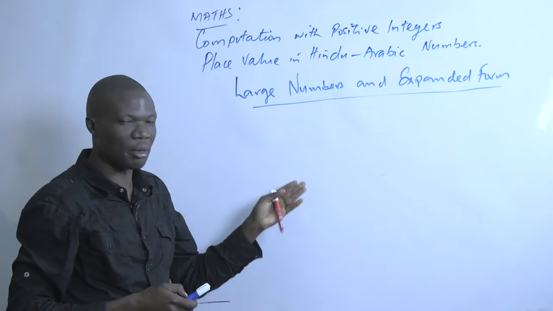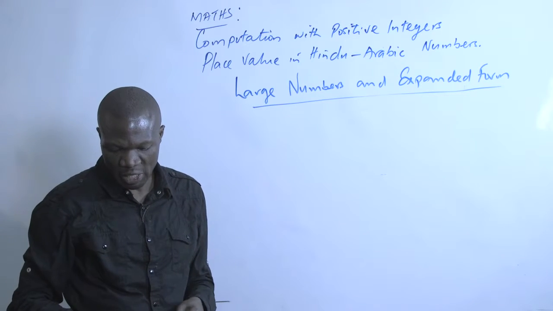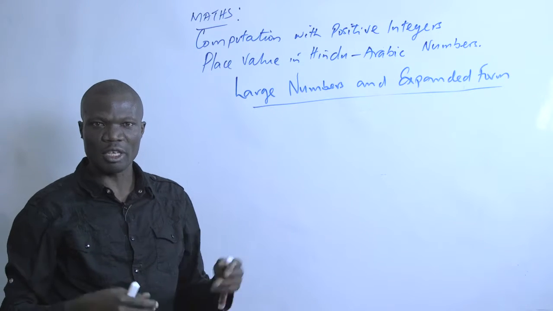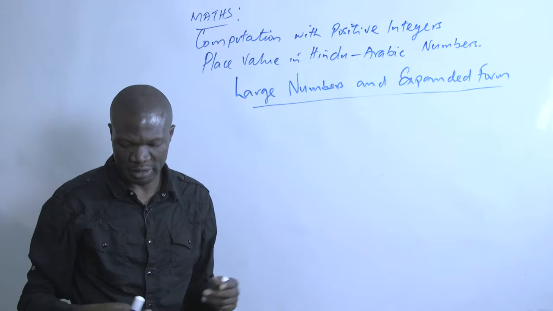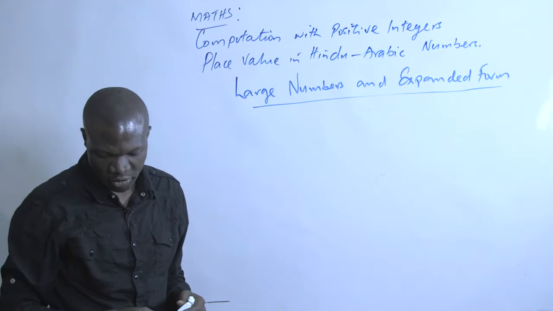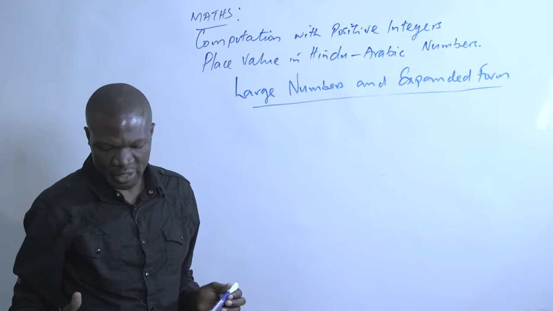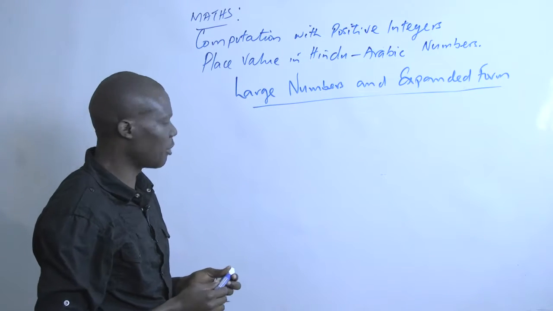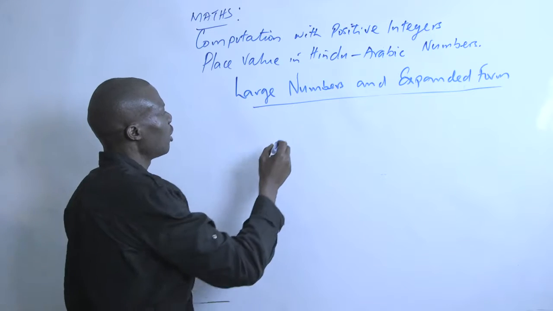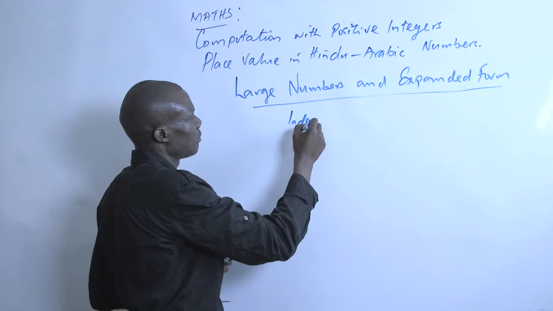We've only been dealing with numbers less than 100,000. We can have more numbers with a million, a trillion, and so on. So these numbers can be well written in expanded form in what we call index notation.